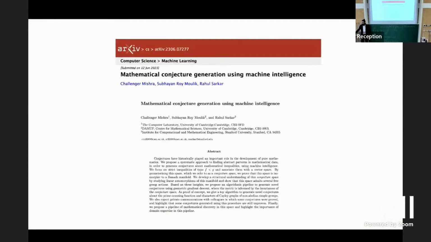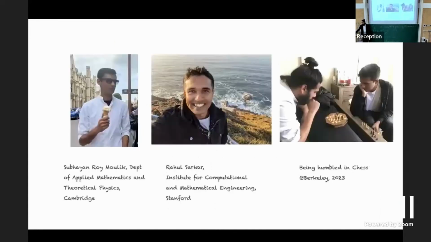So this is the paper that we put forward a few months ago. Feel free to have a look at this or reach out to us. These are my friends with whom I have done this work. I mentioned Shubhayan already. He's an expert in quantum theory and he's housed at the department.